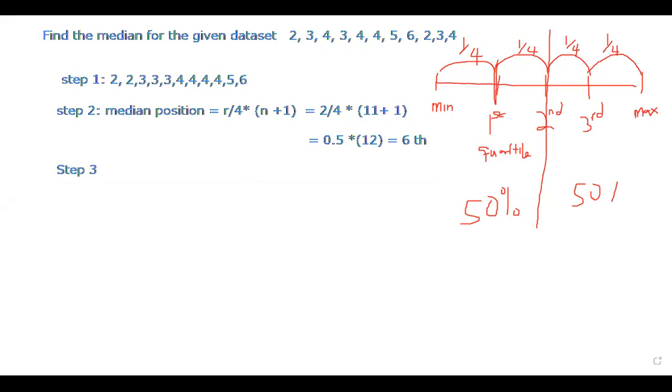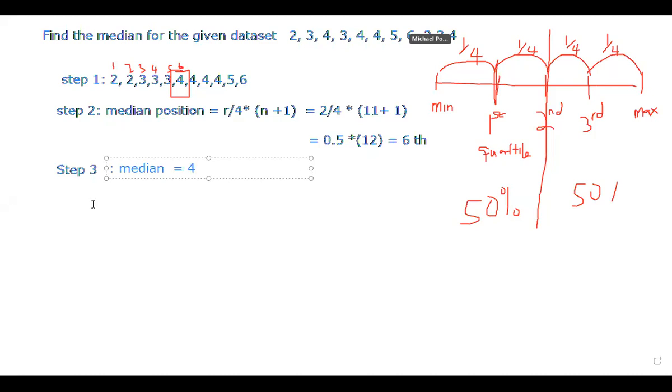This is the first, second, third, fourth, fifth, and sixth. So the value in that position is 4, right? So our median is equal to 4.